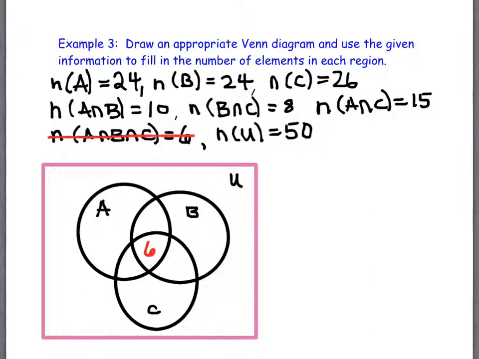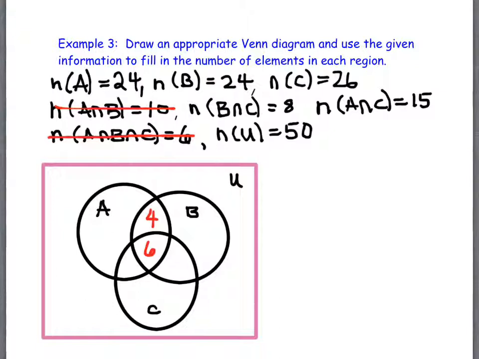Well, A and B intersect in both of these regions. So I already have 6 of them in the lower part of that picture. So that part would have to be the number 4. So I'm going to put 4 in here because now the 4 plus the 6 are a total of 10. So I've filled in the information related to this piece right here.